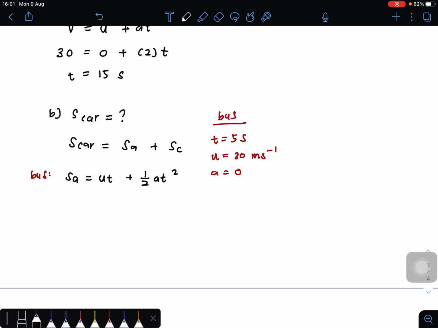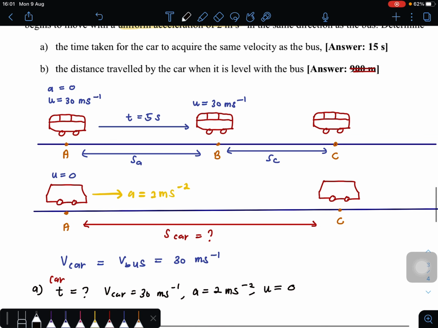So just substitute: u is 30, t is 5, and since a is 0, you can just cancel it like that. So you will get the displacement equal to 150 meters. So from point A to point B is 150 meters.